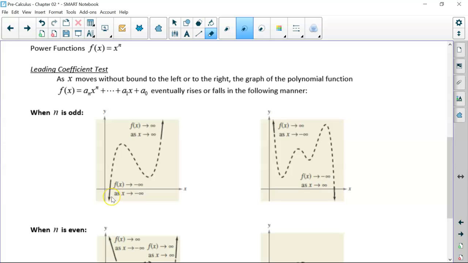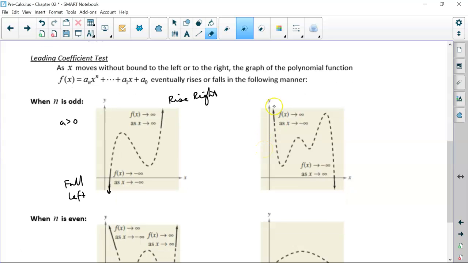So when n is odd, when the degree is odd, and the leading coefficient is positive, it's going to fall to the left and rise to the right. And that's when a is greater than 0.